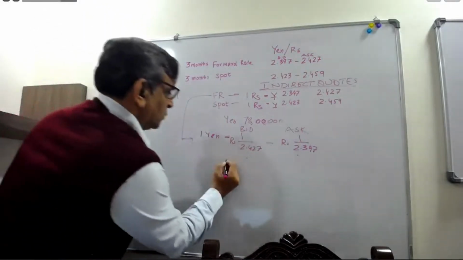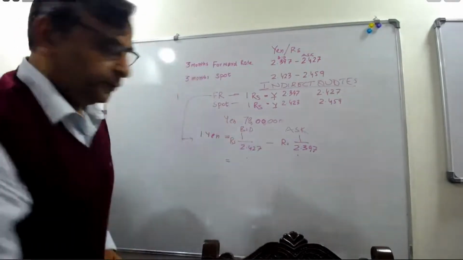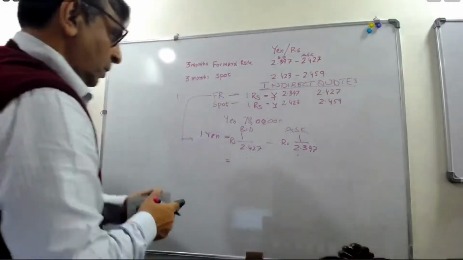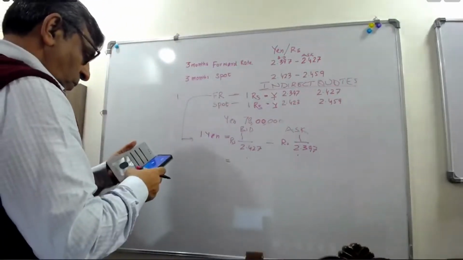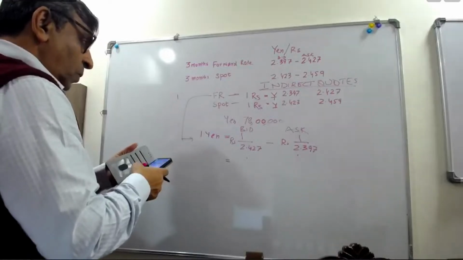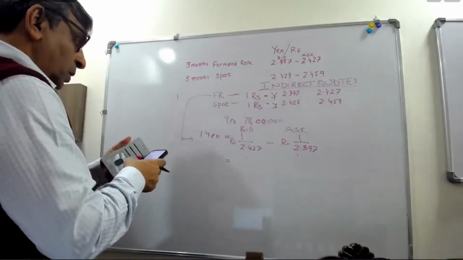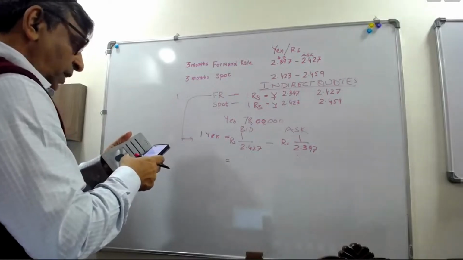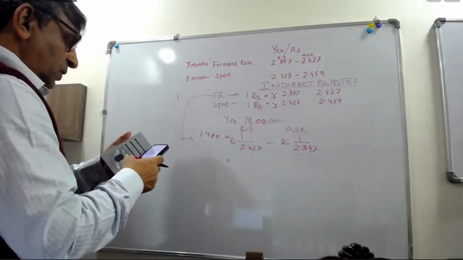So we try to solve it. I use my calculator. 1 divided by 2.4. Of course, I have not divided it in my answer because I just simply multiplied this.